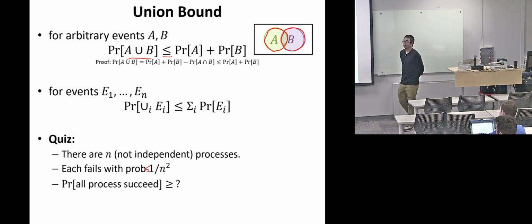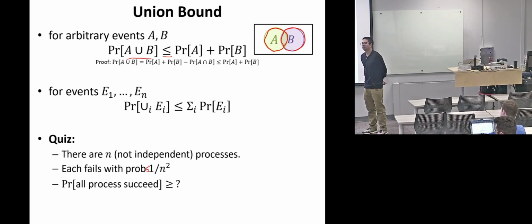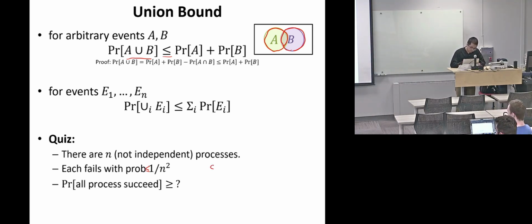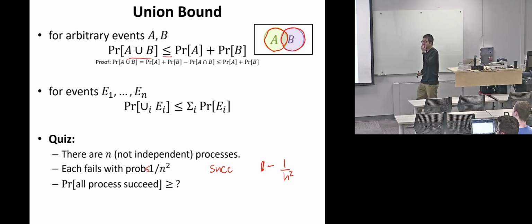I don't know if I'm right, but if each fails with a probability of 1 over n squared, it means they succeed with a probability of 1 minus 1 over n squared, which is n squared minus 1 divided by n squared.